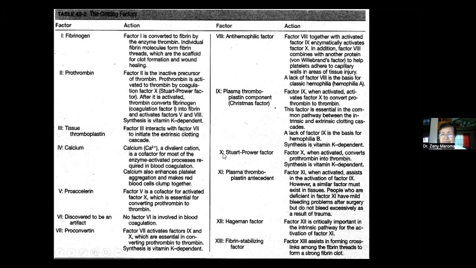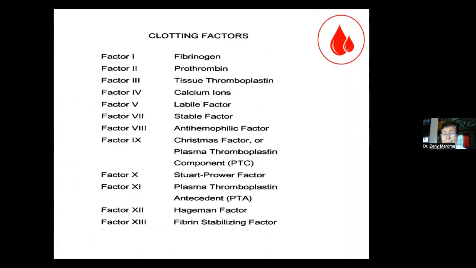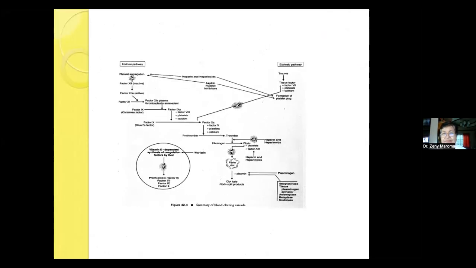After it is activated, thrombin converts fibrinogen to fibrin, which is how we get blood clotting. In short, it's nice to know the different clotting factors and their jobs, but you must know that for blood clotting to happen, we need these clotting factors, through the intrinsic pathway or extrinsic pathway.